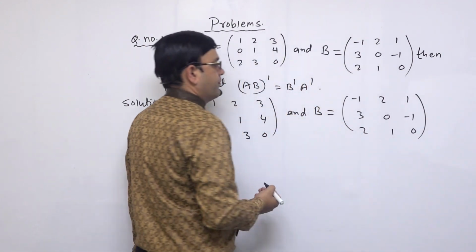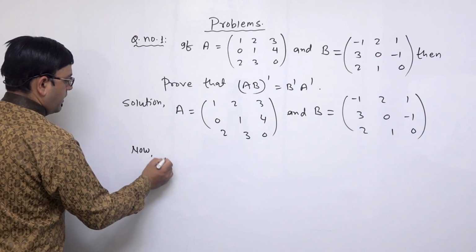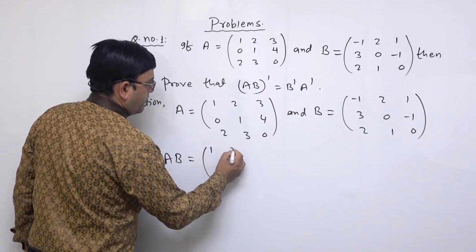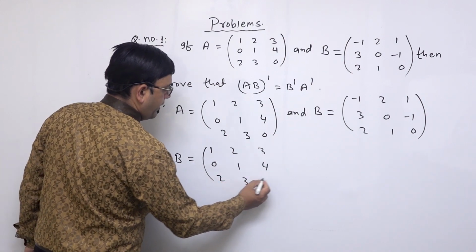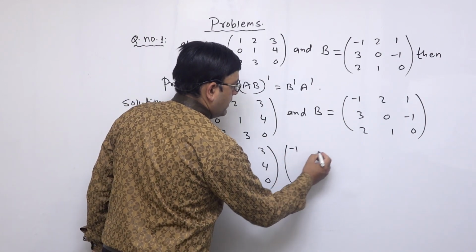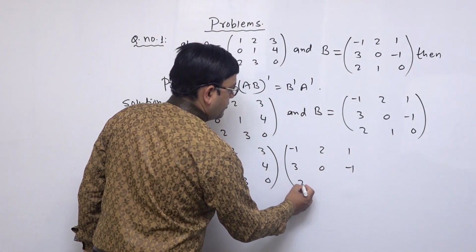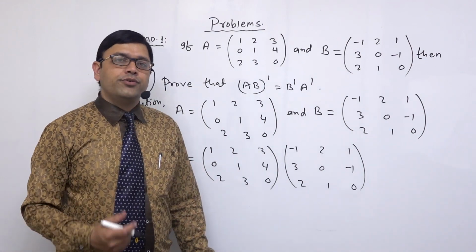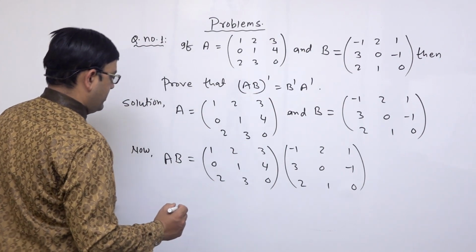This is matrix B. Now the product AB is matrix A times matrix B. Now how to multiply these two matrices? You know the multiplication of matrix. Now we can multiply here.